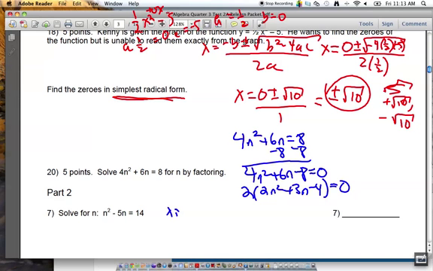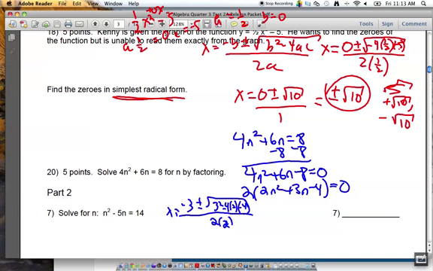And I'm not going to write the formula again. I'm just going to start plugging it in. That's going to be negative 3 plus or minus the square root of 3 squared minus 4 times 2 times negative 4 all over 2 times a, which is 2 times 2.